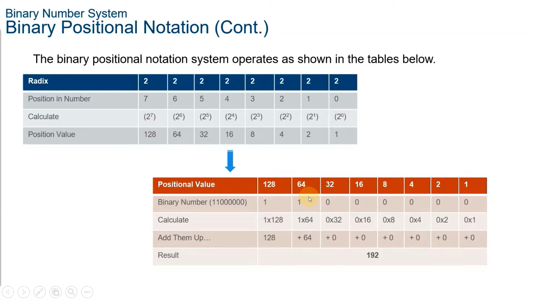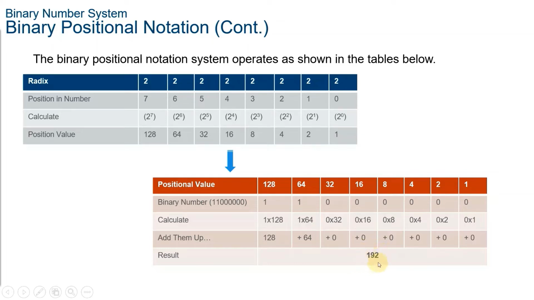Now, the example in this table illustrates how binary 11000000 corresponds to the number 192. If the binary number had been 10101000, then the corresponding decimal number would be 168. Now, how did we get 192?